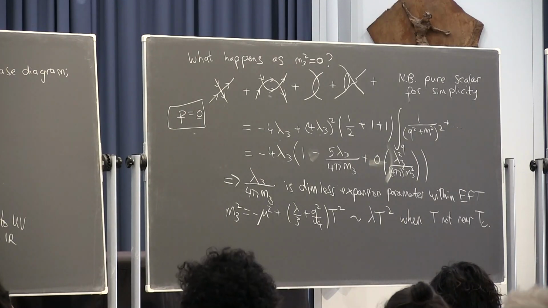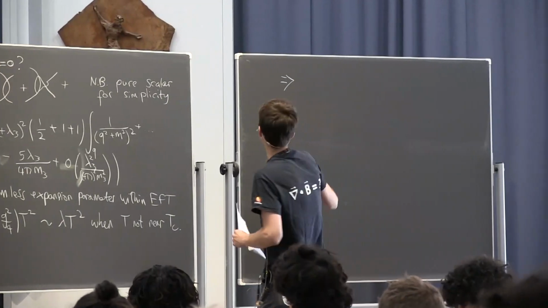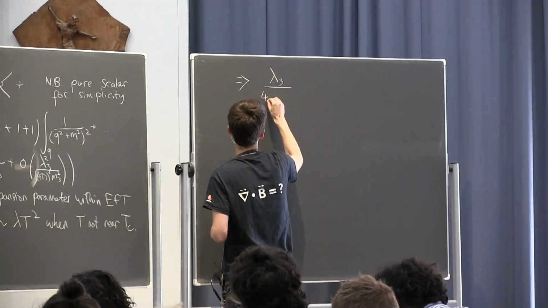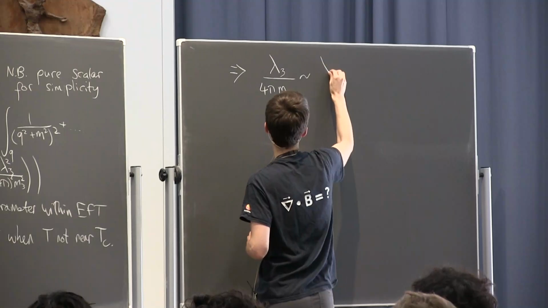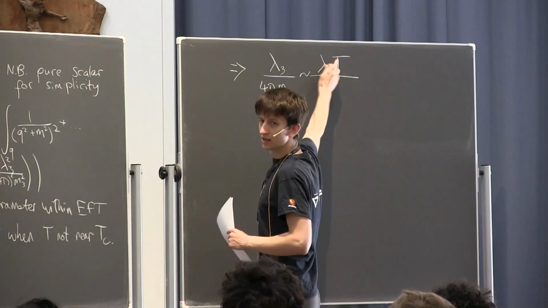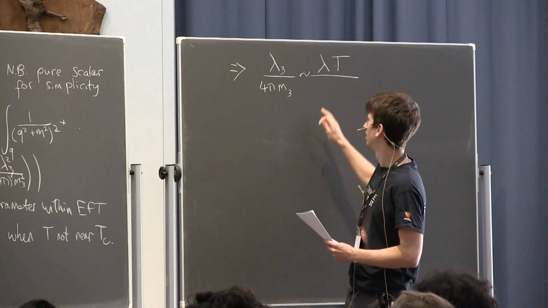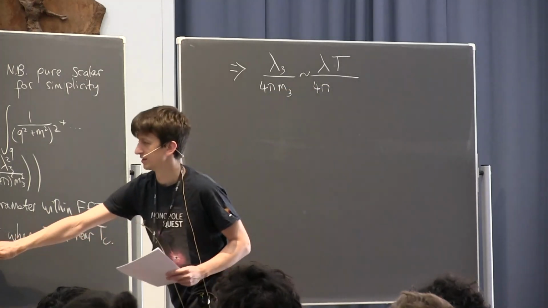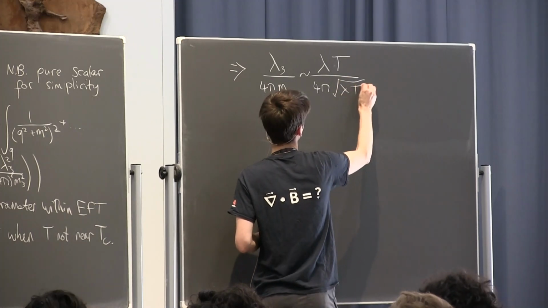And what does that tell us for our expansion parameter? So we get lambda 3 on 4 pi m3 is like, so lambda 3 goes like lambda times the temperature, just from the kind of scaling that we worked out from last time, and then 4 pi, and then square root of lambda T squared.